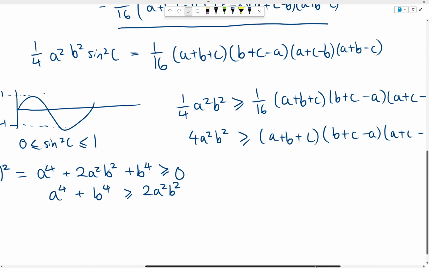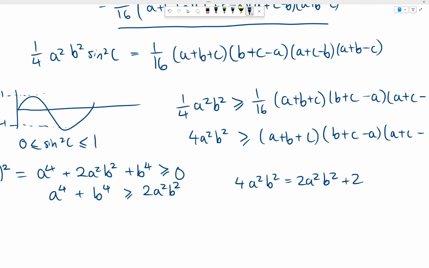So then the final step would be to notice that 4a squared b squared is equal to 2a squared b squared plus 2a squared b squared.